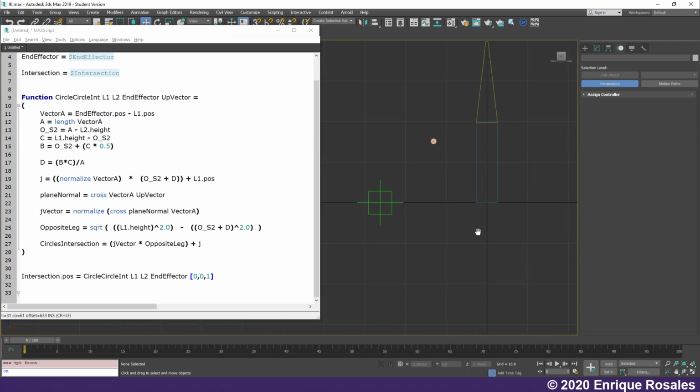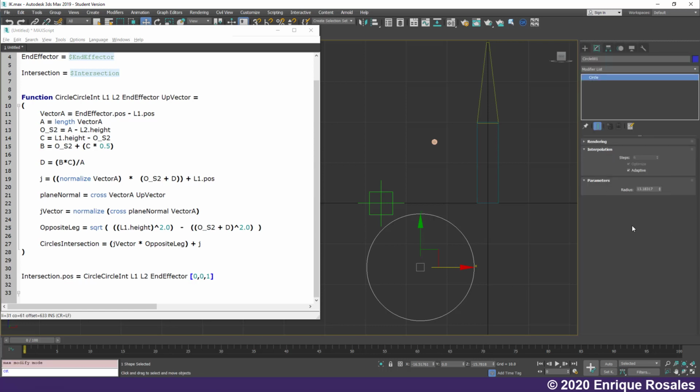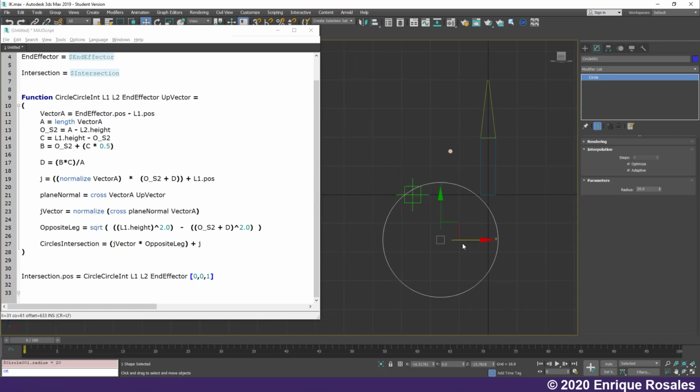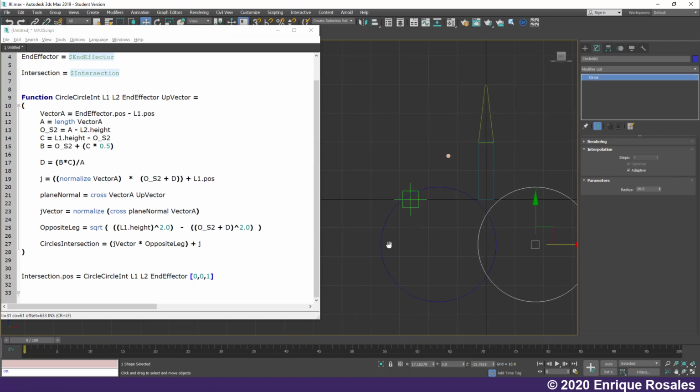What I can do right now, for visualization purposes and for debugging, is use the great thing about coding here in 3js max: everything is visual, and it's the perfect way of debugging graphics things. So I will create two circles with a radius of 20.